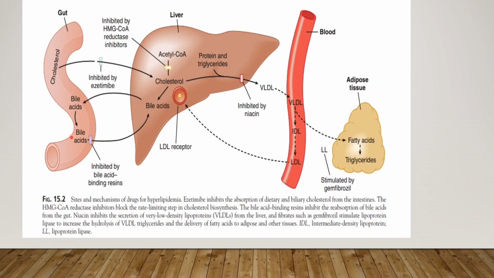The bile acid resins inhibit the absorption of bile acid from the gut. Niacin inhibits the secretion of VLDL from the liver. And fibrates such as gemfibrozil stimulate lipoprotein lipase to increase the hydrolysis of VLDL, and so delivery of fatty acid to adipose and other tissue is increased.